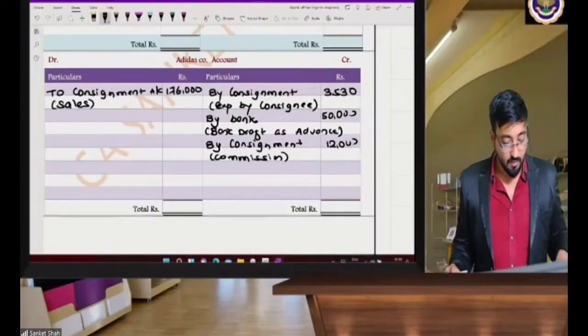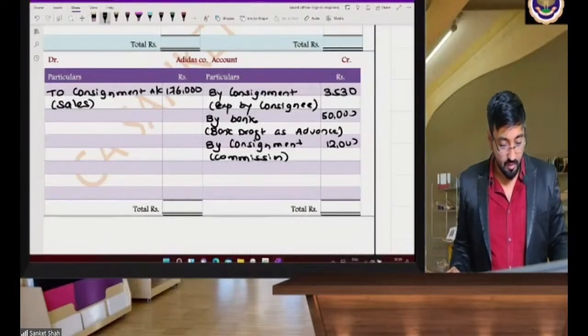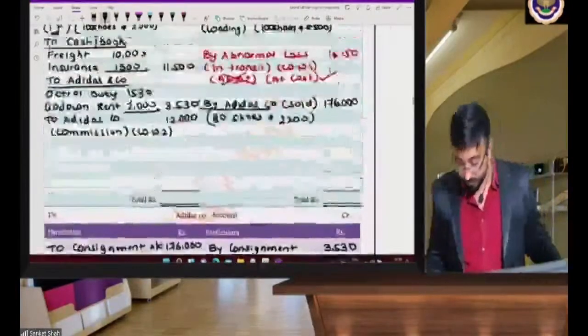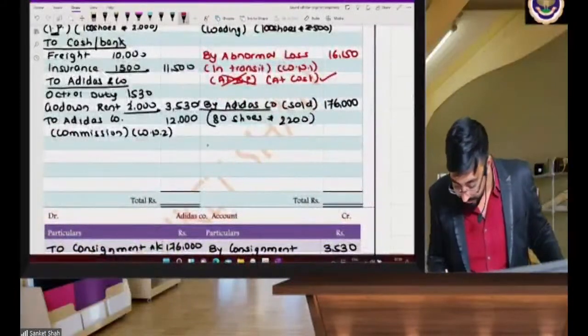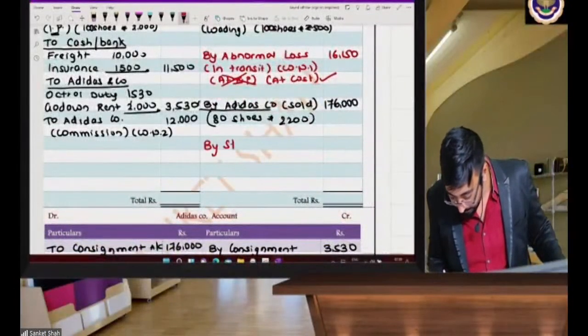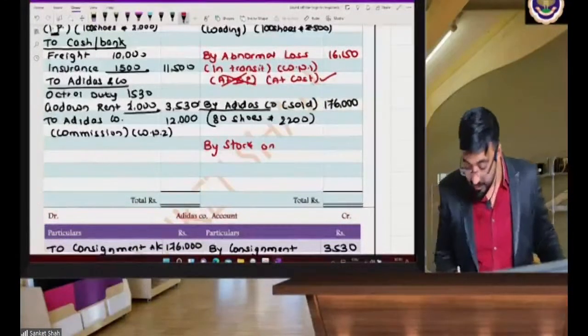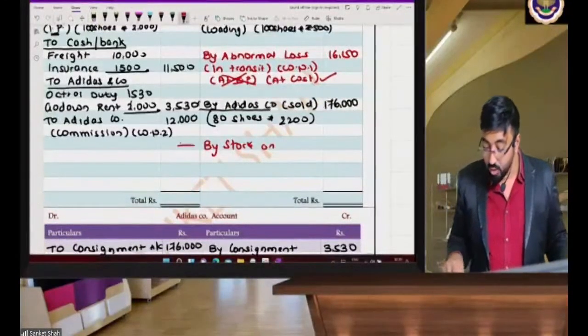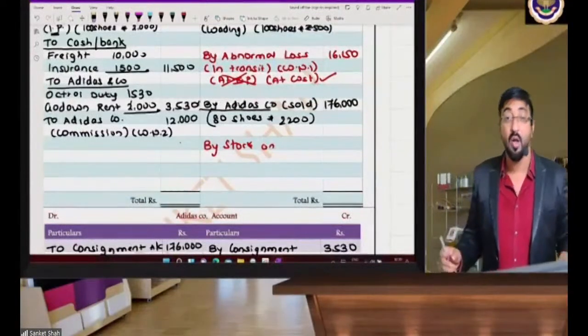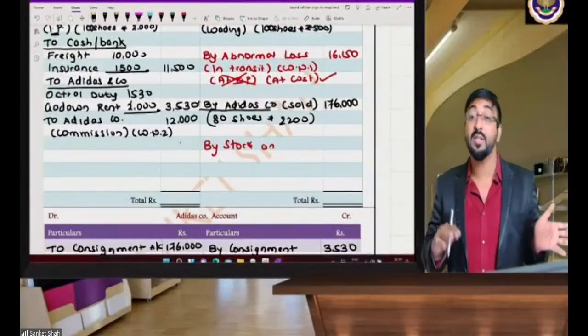Now the most important part, the hidden adjustment. Write down by stock on consignment, and please leave the line in front of this blank. Stock on consignment, on the line in which the opposite side is blank.